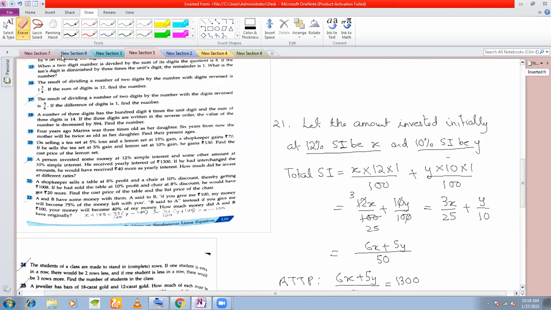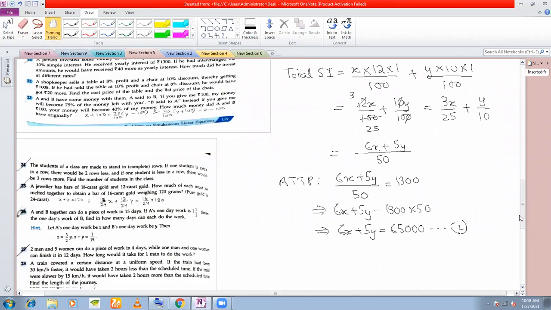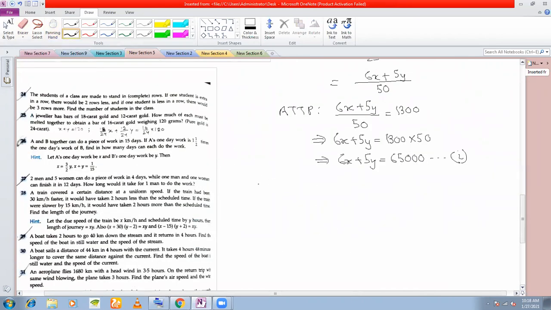Okay. So what happens? Amount invested, let's say in the second case, he invests Y at 12% SI.